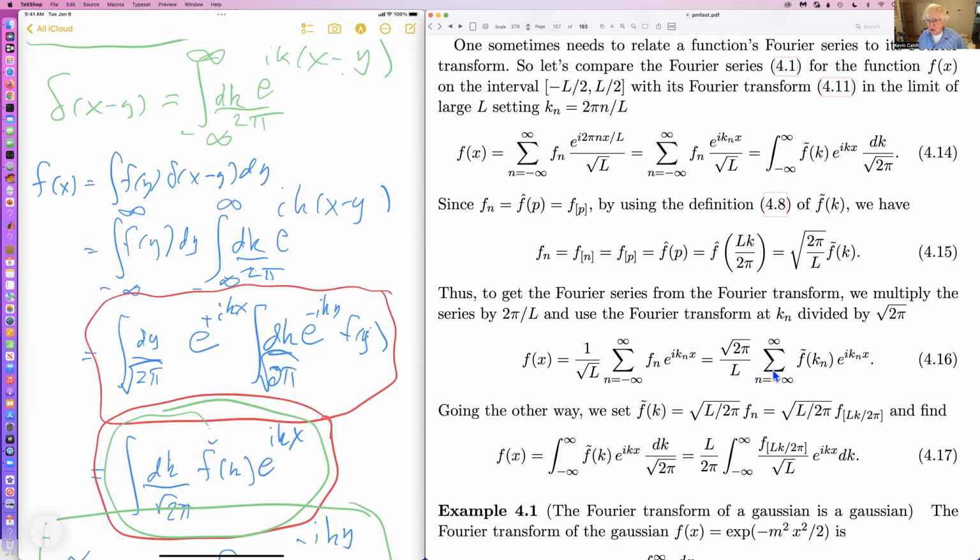So the Fourier series, if this is the Fourier transform function f tilde of k, you just use f tilde of k sub n, where k sub n is the k that's closest to n, and square root of 2 pi over L. Then to go the other way, if you have the Fourier series, the function f of x looks like this, where these are the Fourier coefficients, and you're integrating, and you have these L's like that.